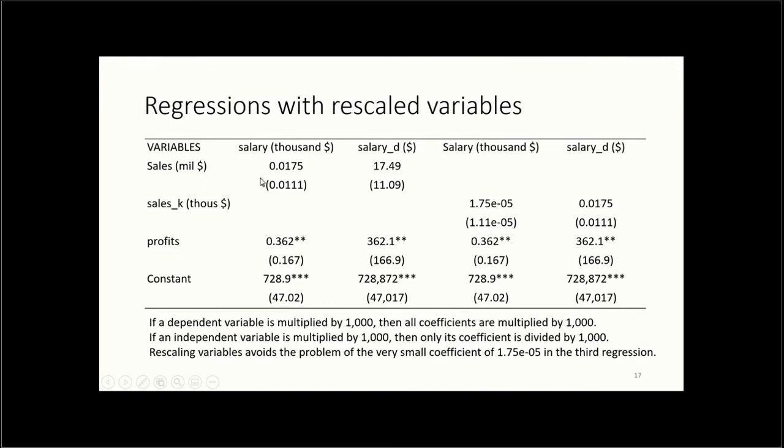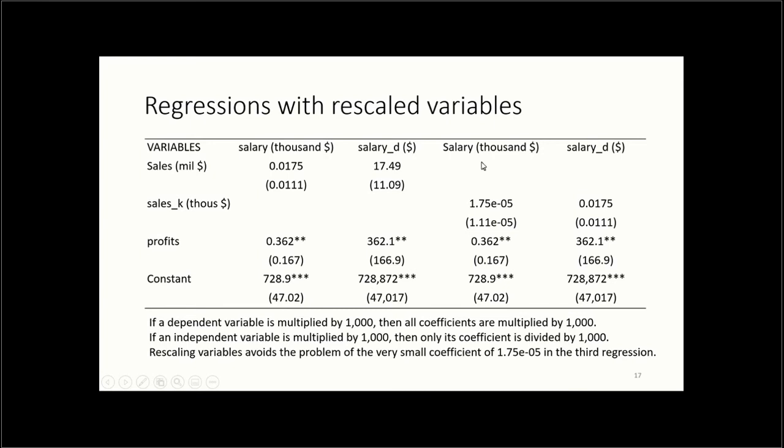So notice what happens when we go from here to here, where the dependent variable is multiplied by 1,000. What happens is this coefficient got 1,000 times larger, and this one got rescaled by 1,000 times, and this one got rescaled by 1,000 times. So again, when we multiply the dependent variable by 1,000, all the coefficients get multiplied by 1,000.